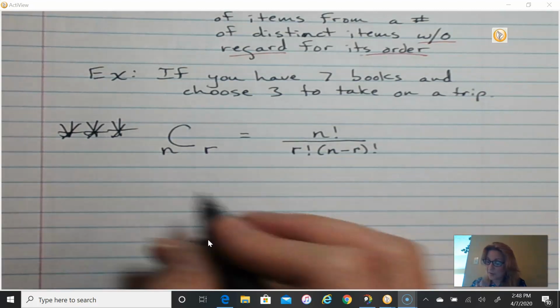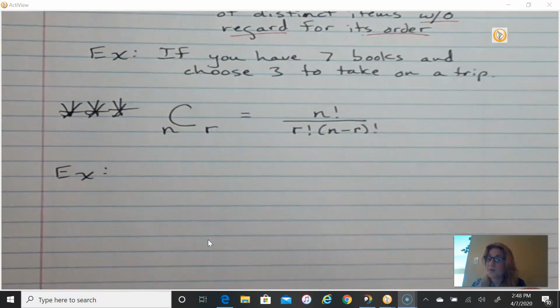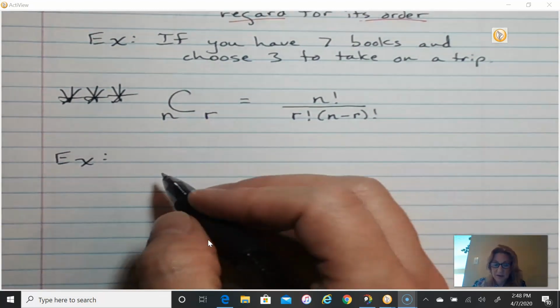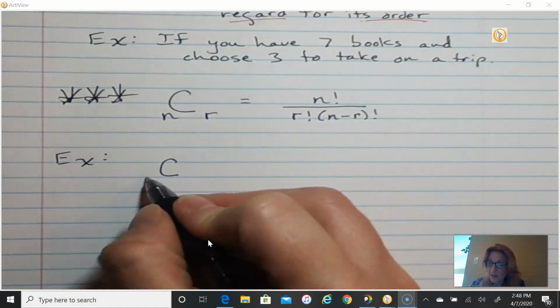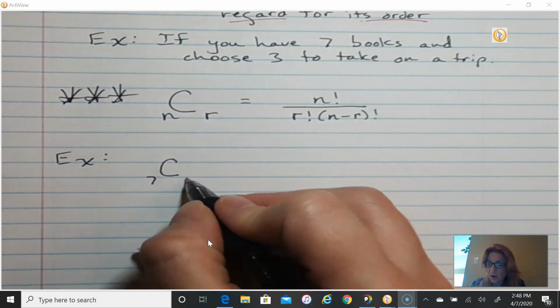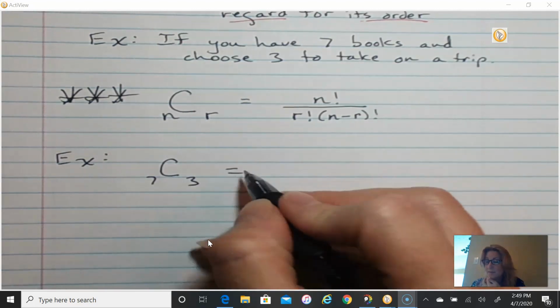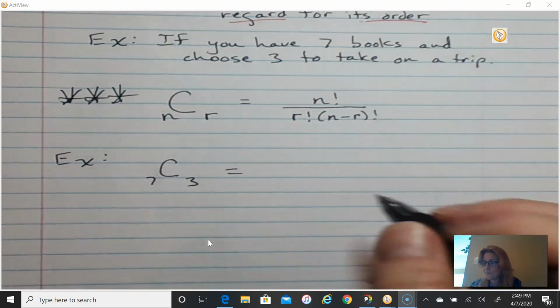Okay, let's start on the examples, and I'm going to show you on the calculator. You probably have already figured it out after doing your homework yesterday. So if we had C and our N was 7 and our R was 3. If you do not have a calculator, this is how you'd solve it.